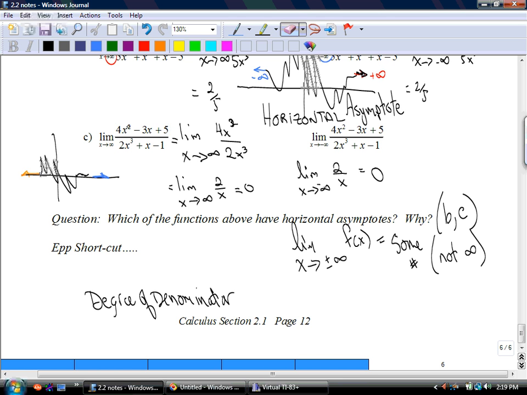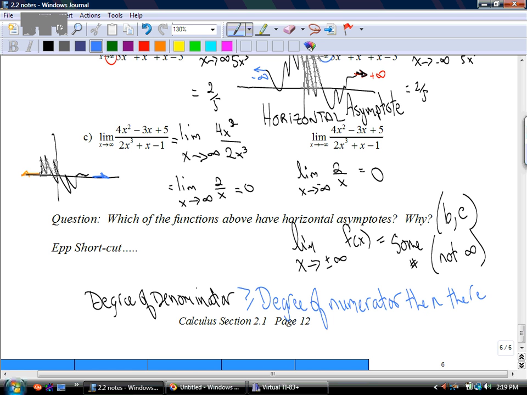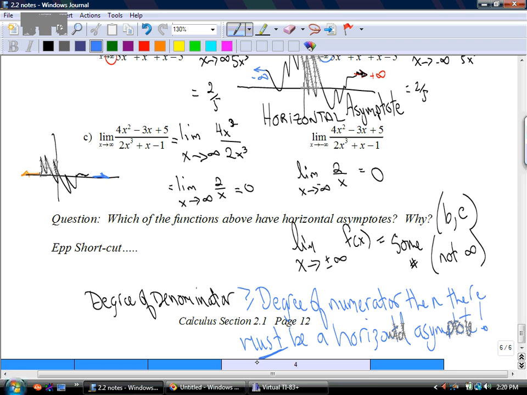So if the degree of the denominator is bigger than or equal to the degree of the numerator, then there must be a horizontal asymptote. Must. Shall. Okay?